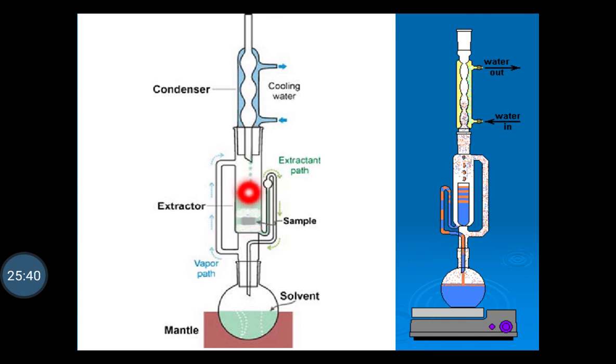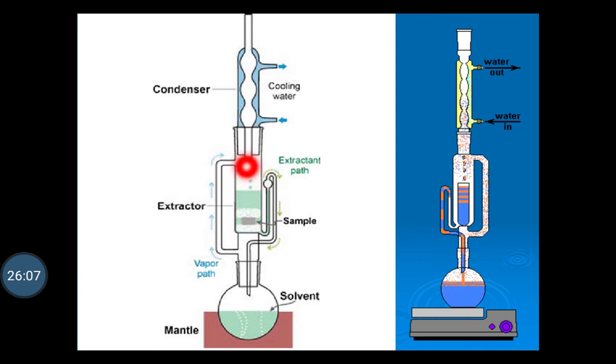When you heat this solvent, the solvent will evaporate. The vapors of the solvent will pass through this side tube into the condenser. The vapors will get cooled due to the circulation of cold water, and will fall on the crude drug.